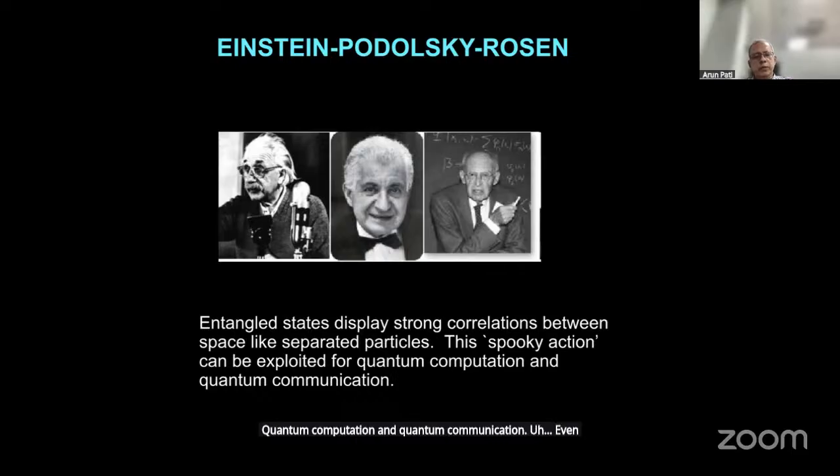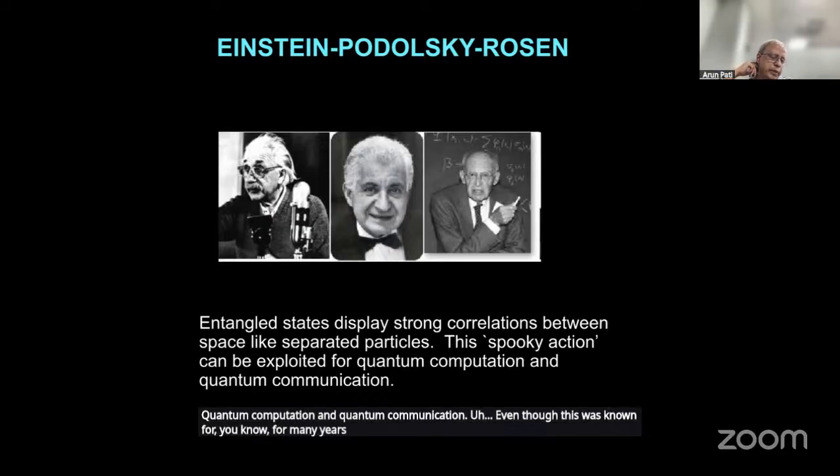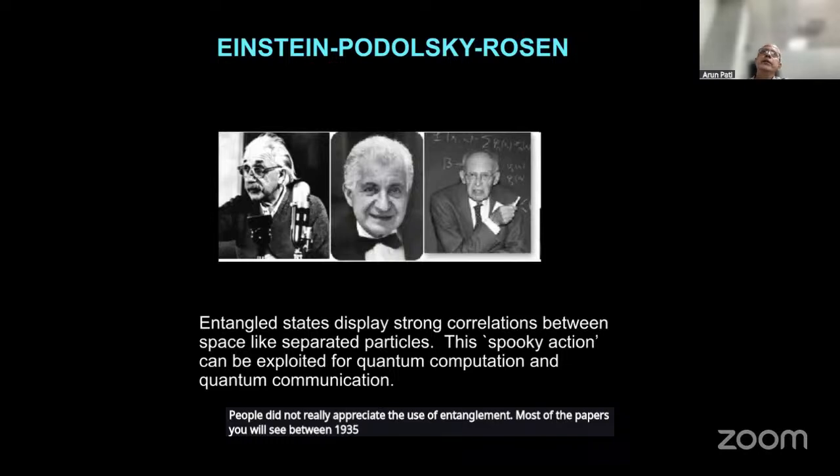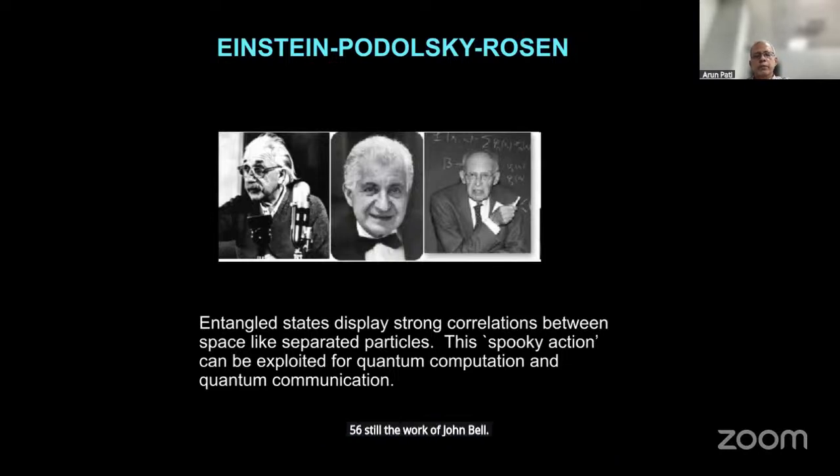Even though this was known for many years, people did not really appreciate the use of entanglement. Most of the papers you will see between 1935 and 1966, until the work of John Bell, mostly worried about how to resolve this Einstein-Podolsky-Rosen paradox.